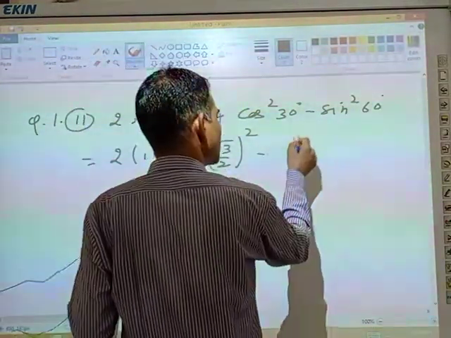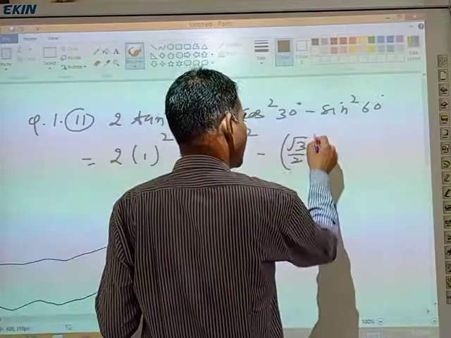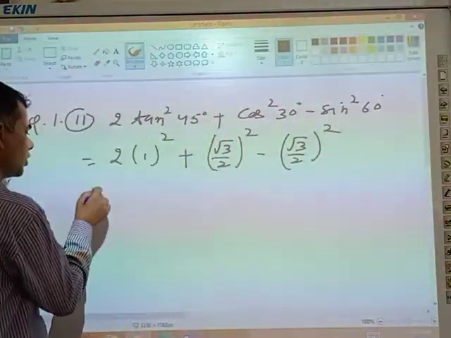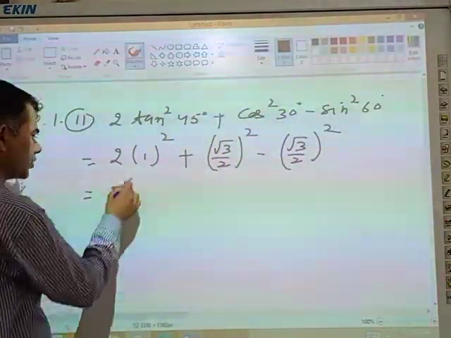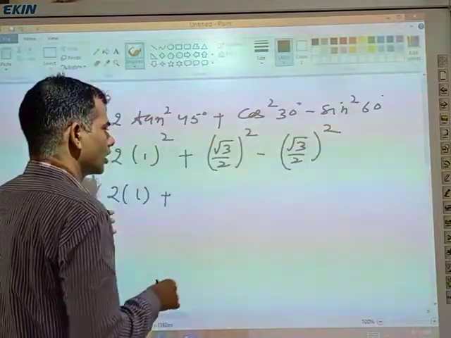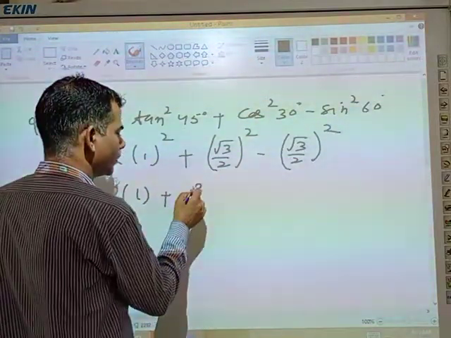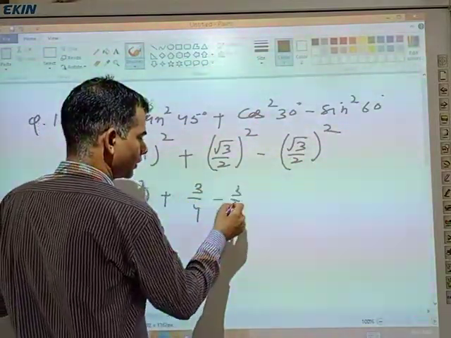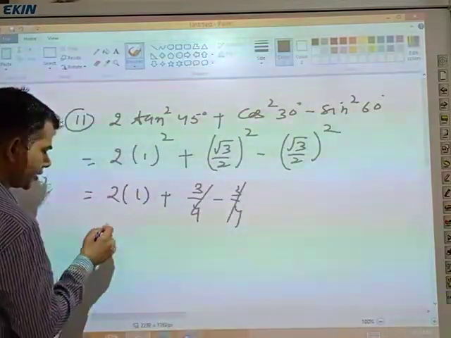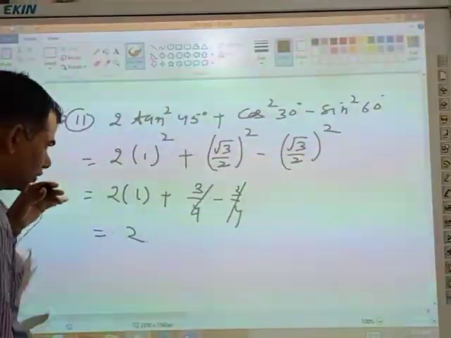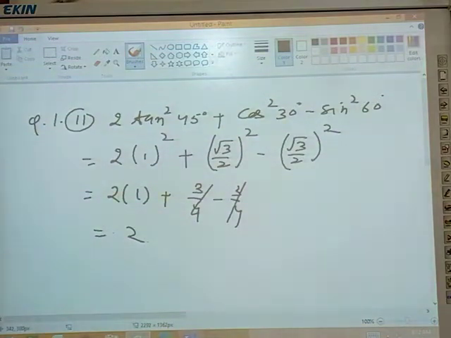Root 3 upon 2 square. Now solve it. Square of 1 is 1, plus 3 by 4 minus 3 by 4, that is 2. Done. Okay.